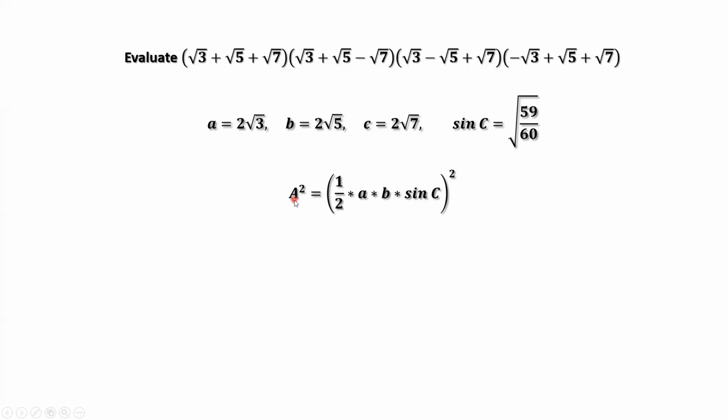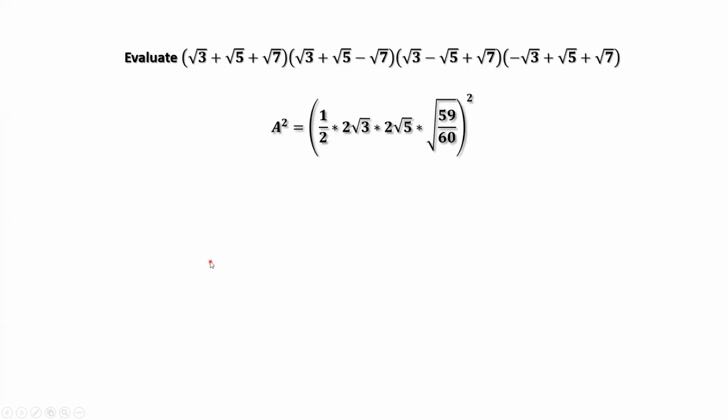What is the area formula? Area formula for a triangle equals 1/2 times A times B times sine of the angle, which is between sides A and B. We have all three values here, A, B, sine C. Just plug in.